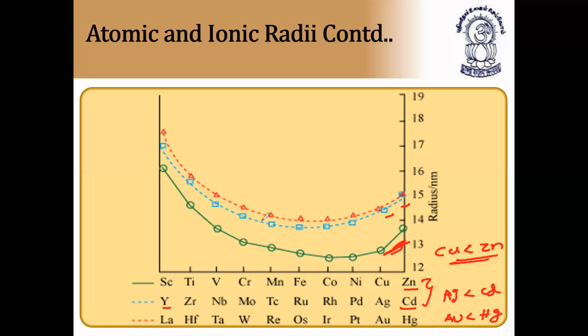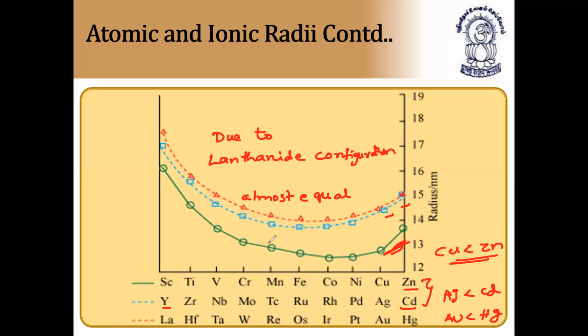But if you notice the atomic radius of 4d and 5d, they are almost equal because of lanthanide contraction, the 4f series, 4d series and 5d series have almost similar radius. So what are the elements that have similar atomic radius?